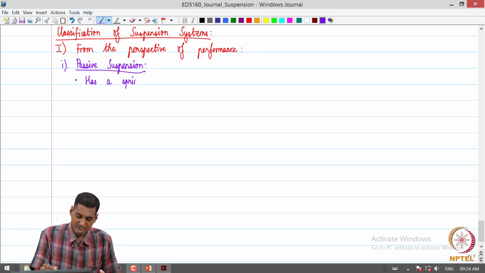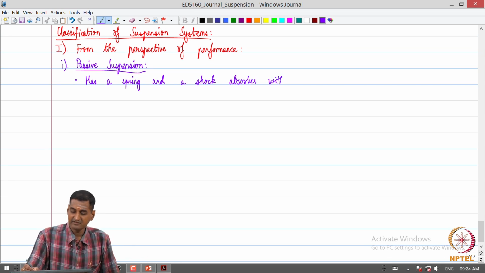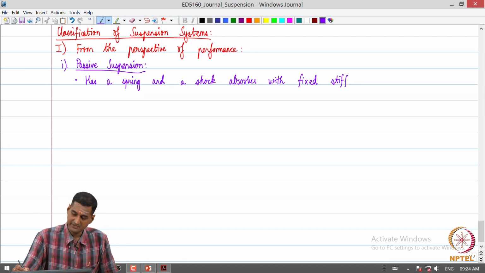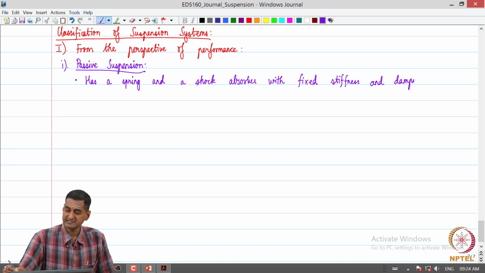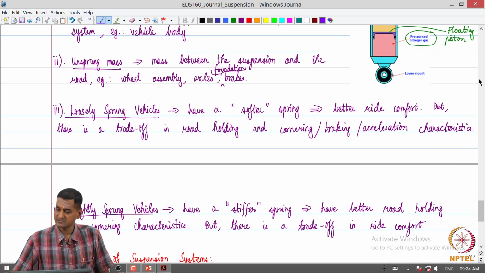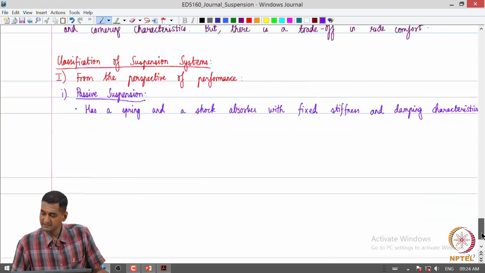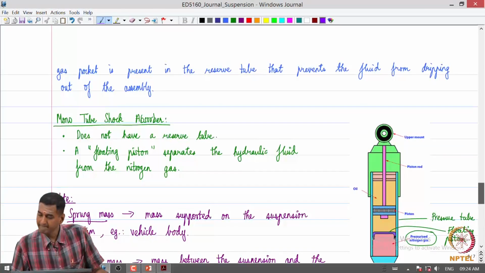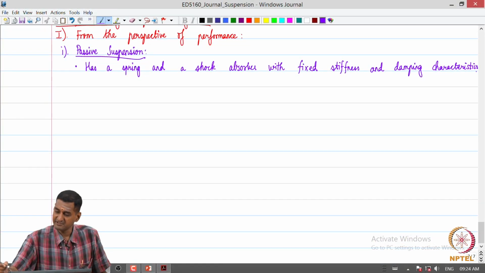So, it has a spring and a shock absorber with fixed stiffness and damping characteristics. That is the main feature.